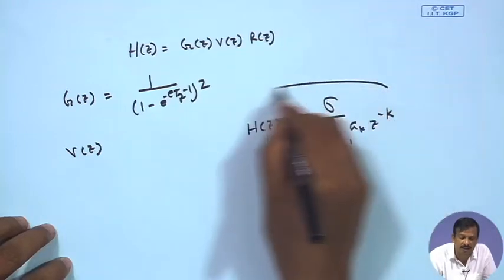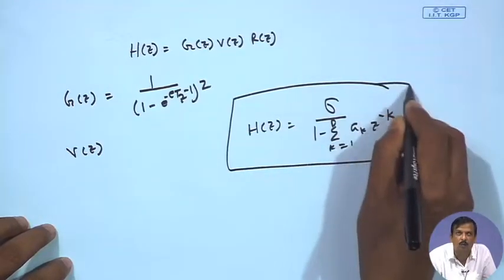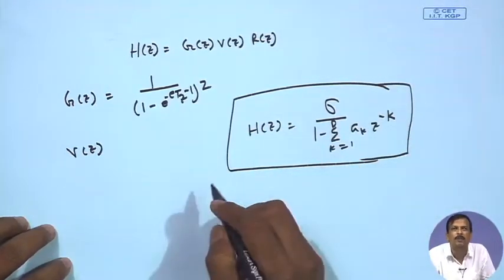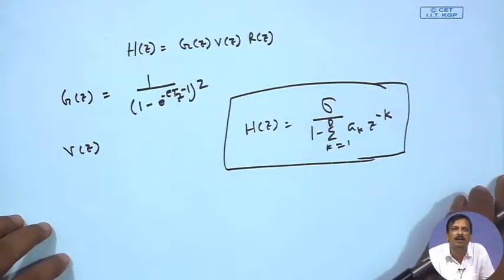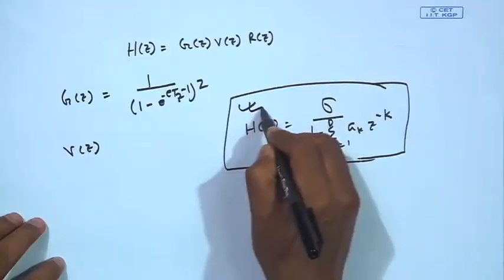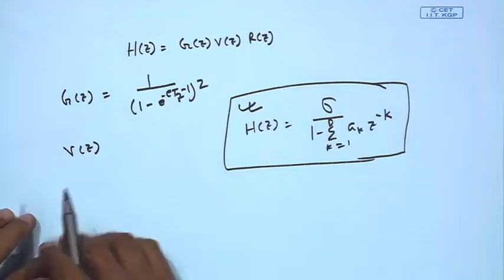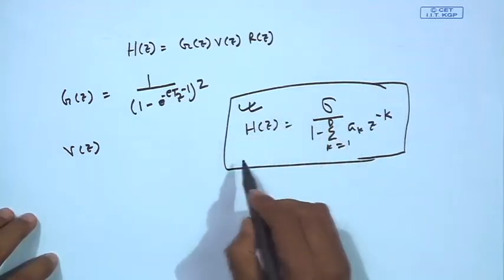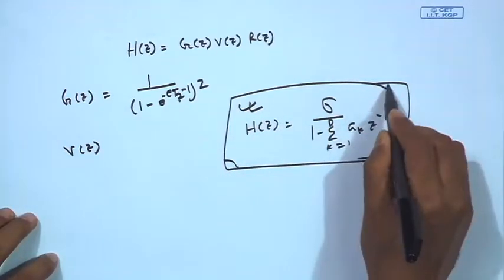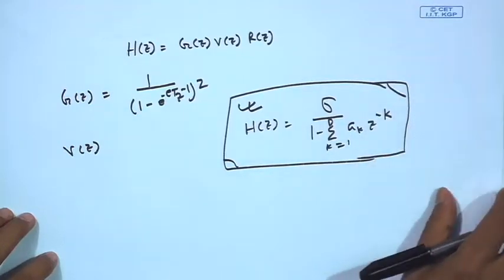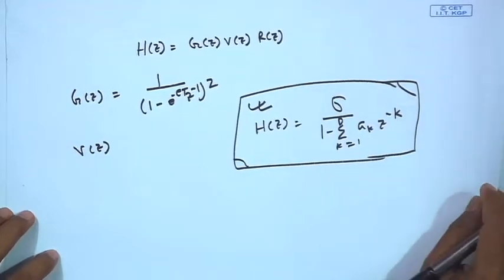So, this is the basis of why we do LPC analysis, linear predictive analysis, for voice. Since the vocal tract transfer function can be modeled using an all-pole model, that is why linear prediction is possible in the vocal tract, or in the speech production system.